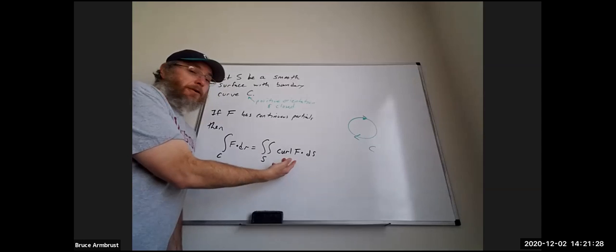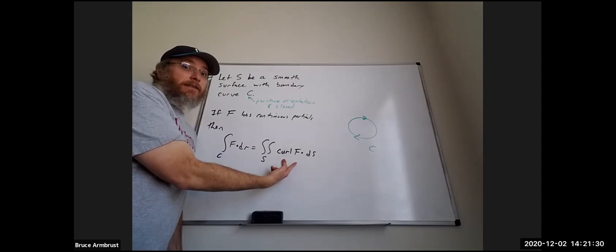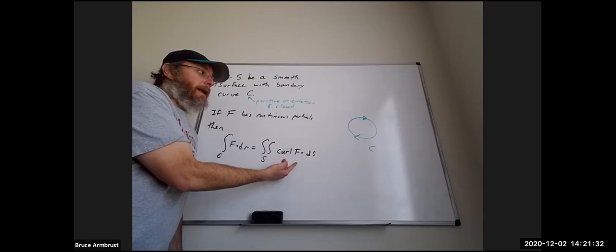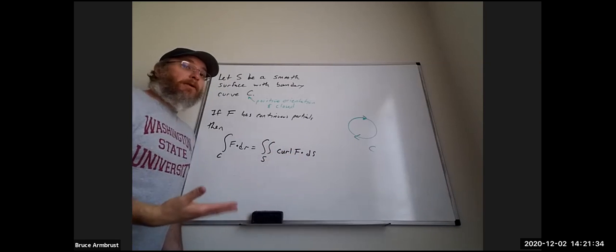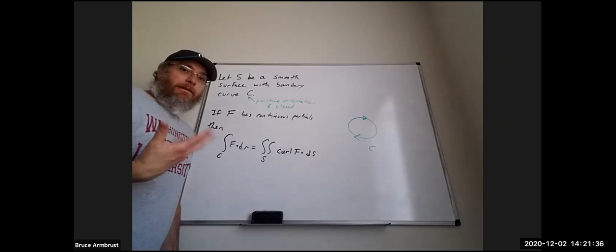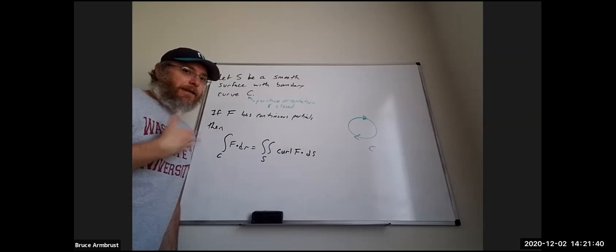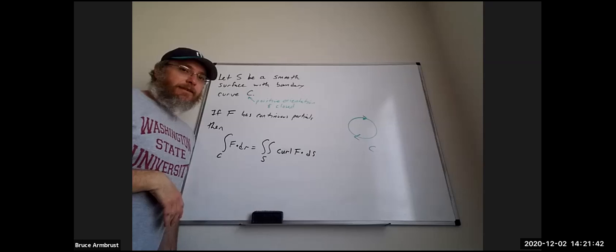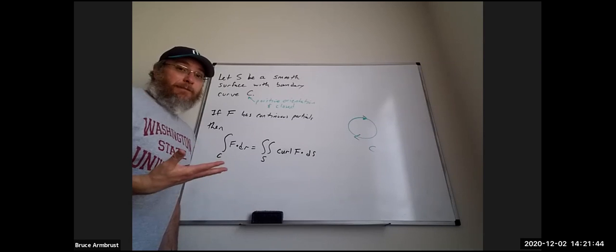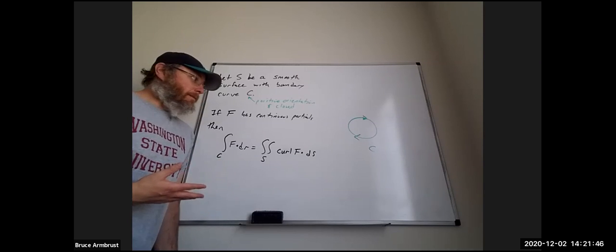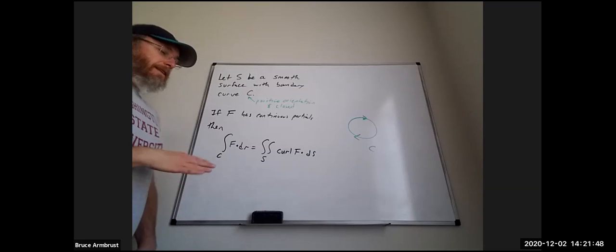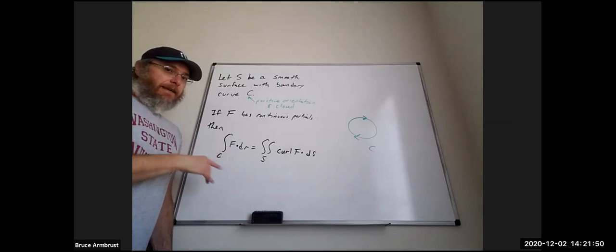But then we can find its curl, and maybe its curl is nice, and just turn it into a simple surface integral. And if you are going to do this, pick a nice surface. I usually pick a planar surface, if possible, right? Because then that's pretty easy. All right, so this is kind of a trippy idea, but it definitely holds up.